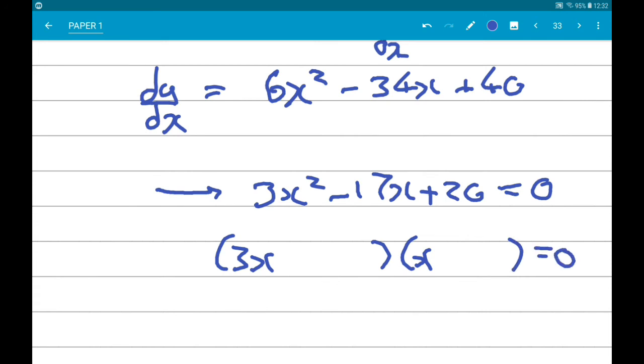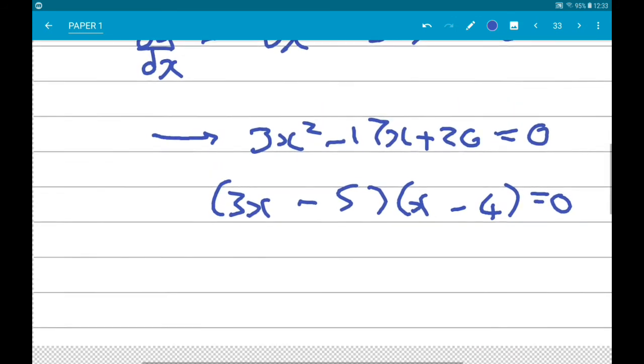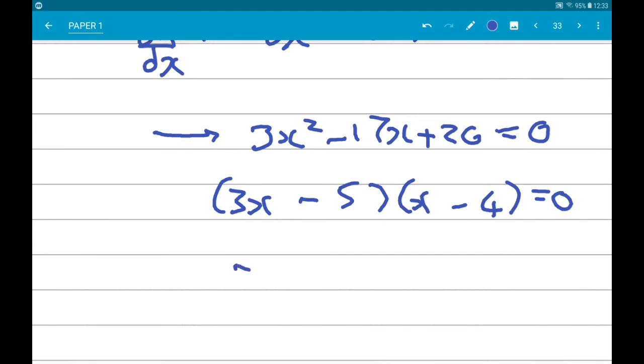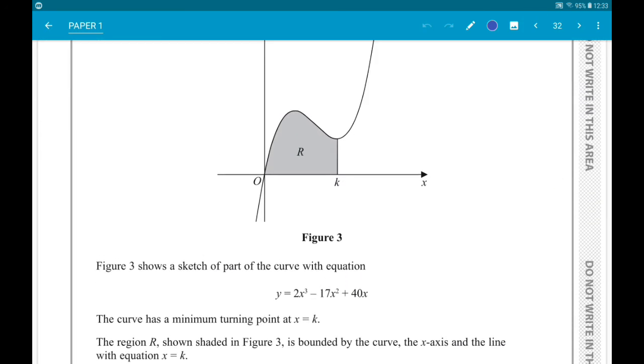We're going to need 3x minus 5 and x minus 4. So that then tells us x can be 5/3 or 4. So if we look at the graph, we can see the minimum is further to the right, so that means k is 4.